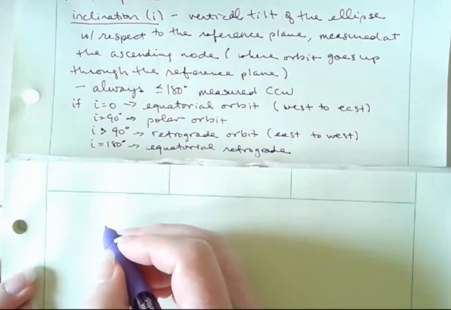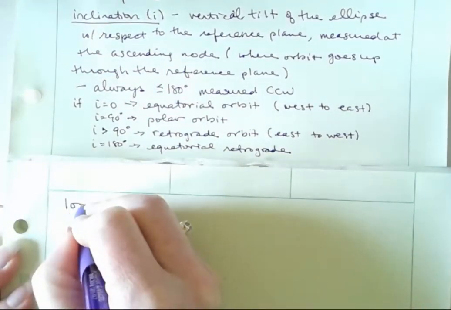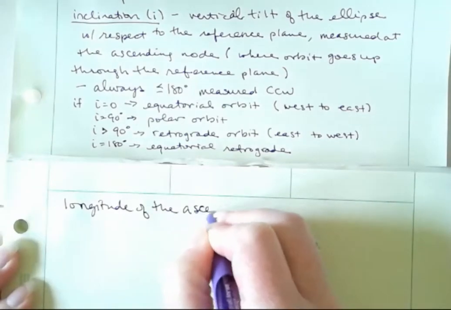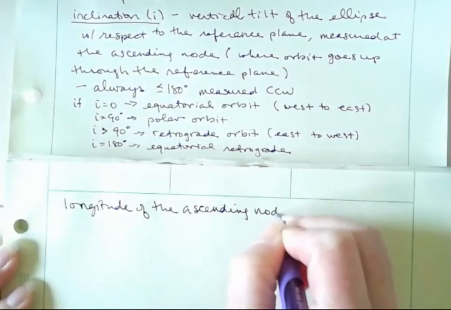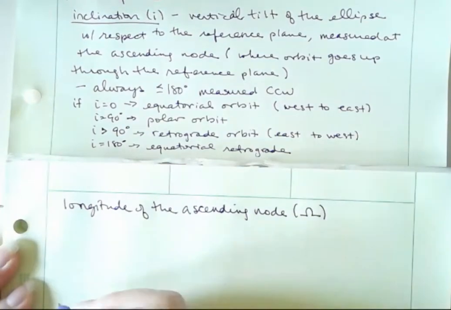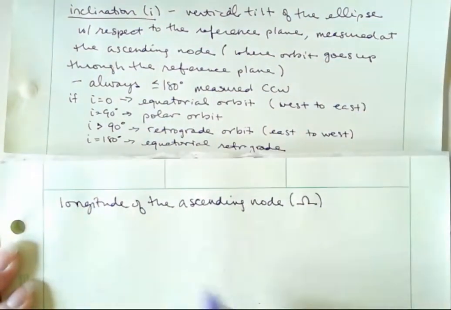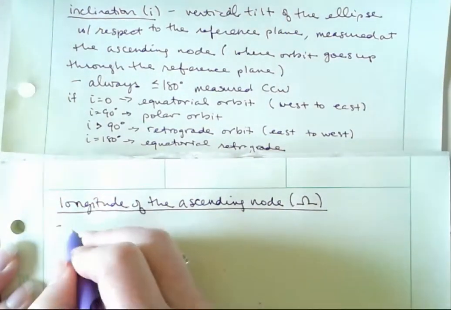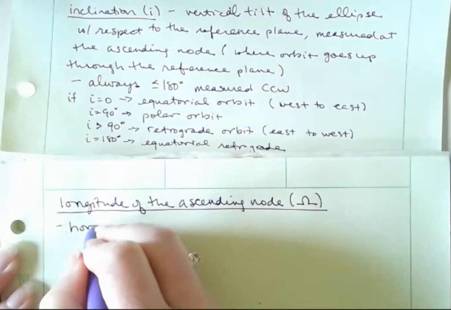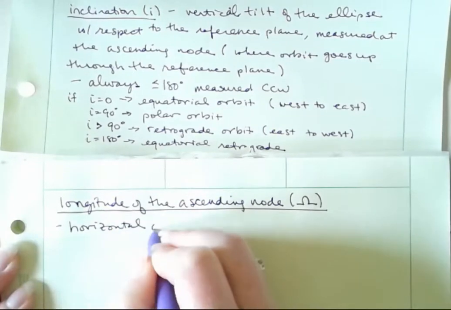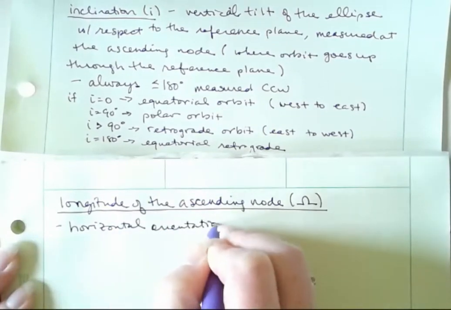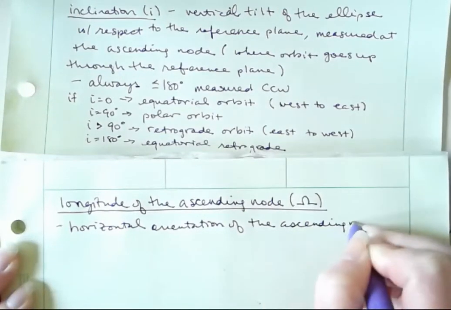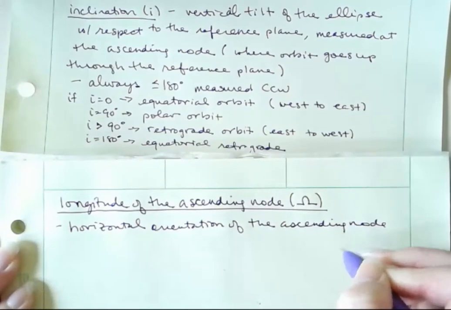All right, so next one is going to be the longitude of the ascending node. And the symbol for this will be capital omega. What this will be is the horizontal orientation of the ascending node. And remember that ascending node is just where the orbit goes up through the reference plane.